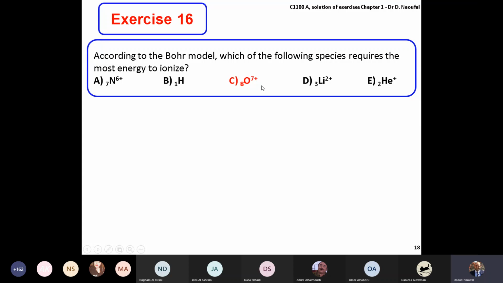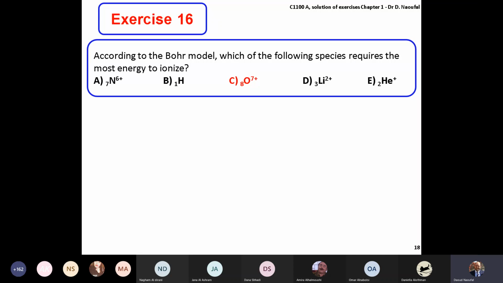If we compare the species, we observe that all the species have 1 electron and several protons. In A, we have 7 protons, 1 electron. In B, 1 electron, 1 proton. In C, 8 protons, 1 electron.